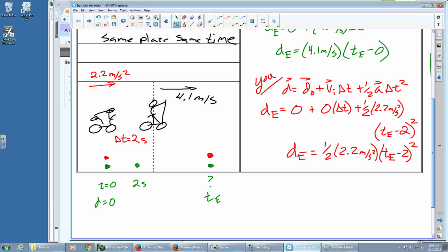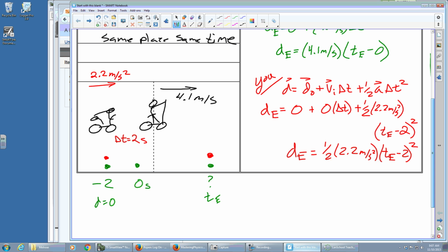Why don't we shift our time here. Let's say that rather than this being at t equals 0, let's call our 0 time here. What would that make this time, if we shift 0 time to here?